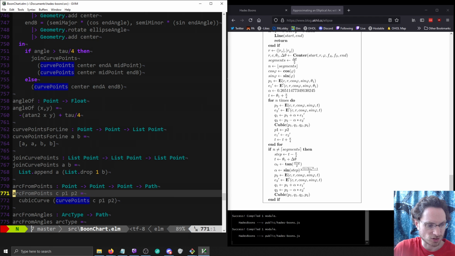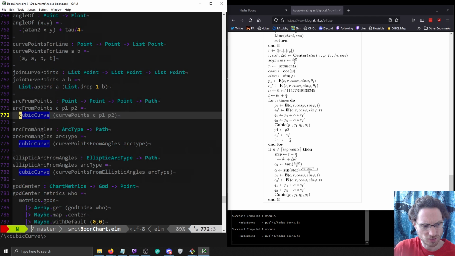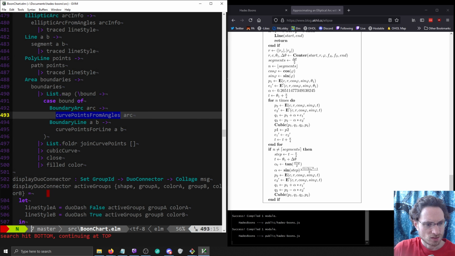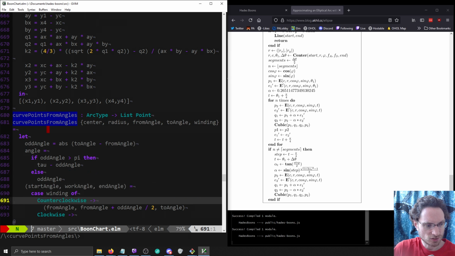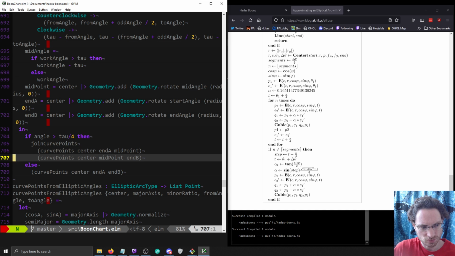Right, because we had a form that could just take this and then arc from angles. Okay, cubic curve is our drawing operation. Right, because our duo arcs are in point form, so they take that point form. Curve points from angles is using this kind of internally. But really, as long as it returns the points, we're okay. It's just this was a bunch of math.